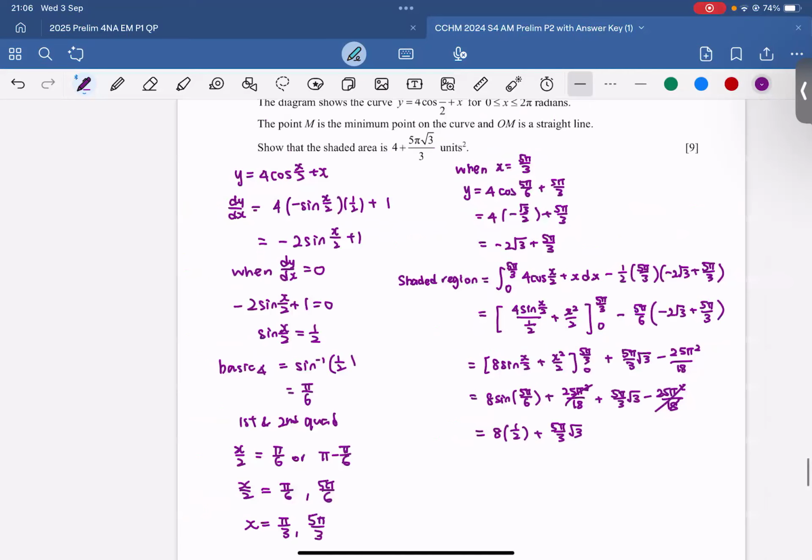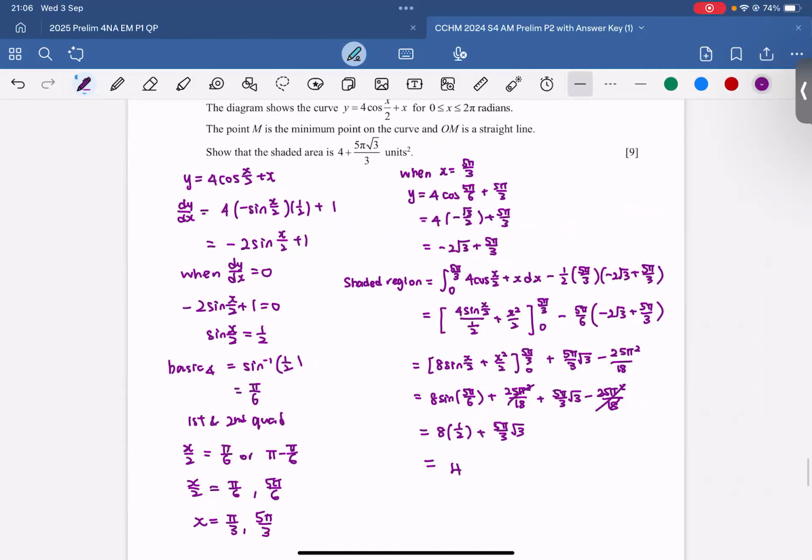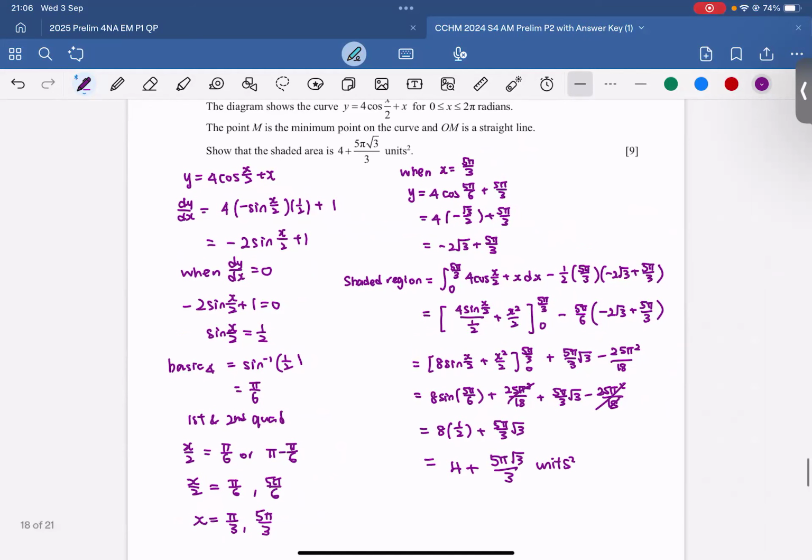Do we get the answer? Yes, we get. So this is 4 plus 5 pi square root 3 over 3 unit squared. Okay. If not, I will stop.